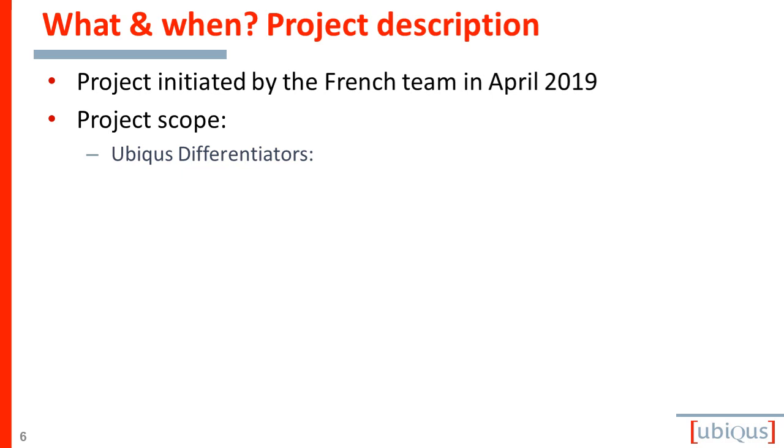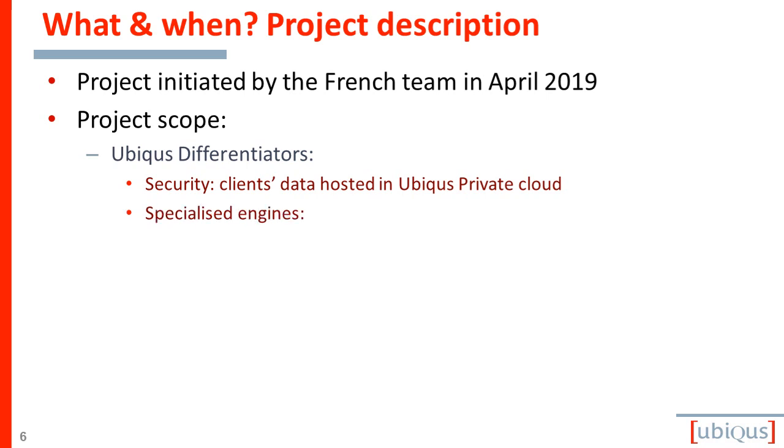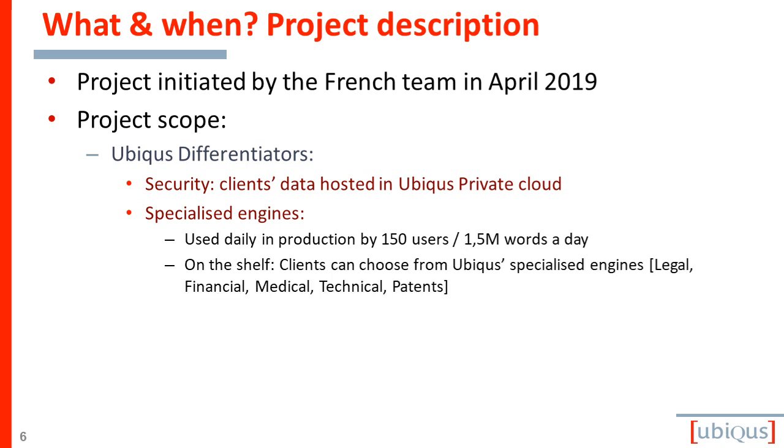What we are going to launch with uTranslate and what are our differentiators is first about security, because of course we keep the client's data hosted in our Ubiqus private cloud, so on our server located here in France, close to Paris. The specialized engine, that's definitely something we've been using in production by 150 users, 1.5 million words a day.